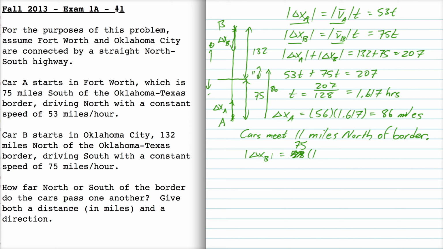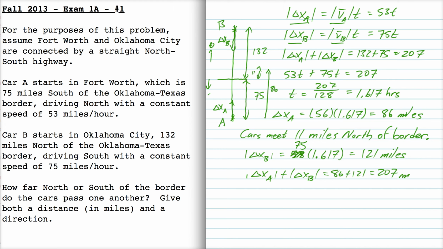Sorry about that. I got myself mixed up. 75 times 1.617. So B travels 121 miles. And that makes sense because the distance to the border is 132 miles, so B ends up 11 miles short, which is 11 miles north of the border. So that checks out. The distance delta xa plus delta xb does indeed add up to 207 miles, as it should.